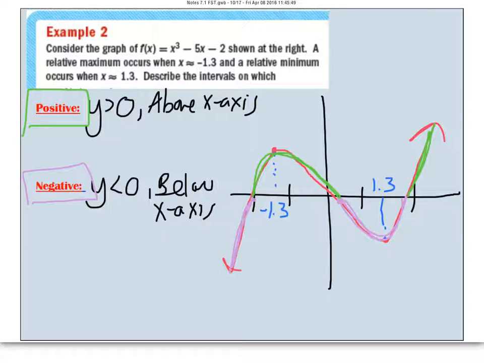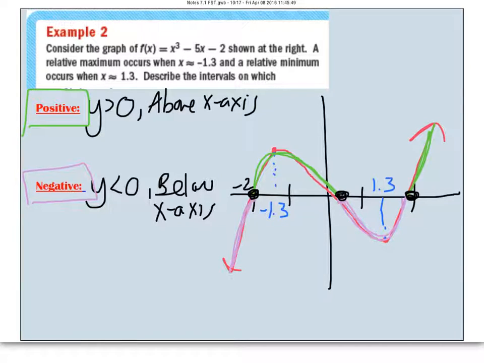So if we have to state the interval for where it's positive, what I need to know here, it looks like, are the x-intercepts. So I would have to find the x-intercepts or the zeros for that one and state them accordingly. Now I don't have it right in front of me, but let's go ahead and get those values. Let's assume that this one x-intercept is a -2.